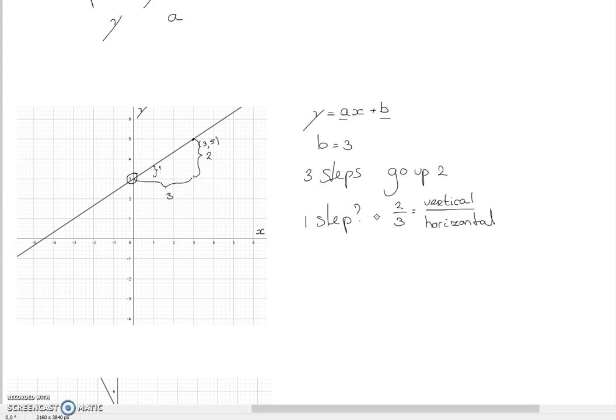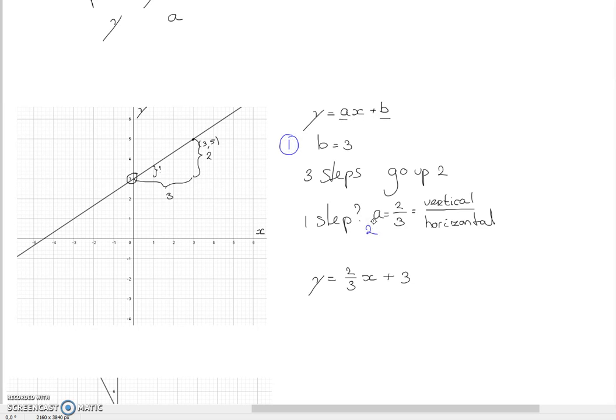Now, we've figured out the values for b and for a, so the only thing we have to do now is write down the formula. So y is ax, so that is 2/3 times x plus b, and b is 3. So to summarize, in 3 steps, first you figure out b, because that's the easiest part.